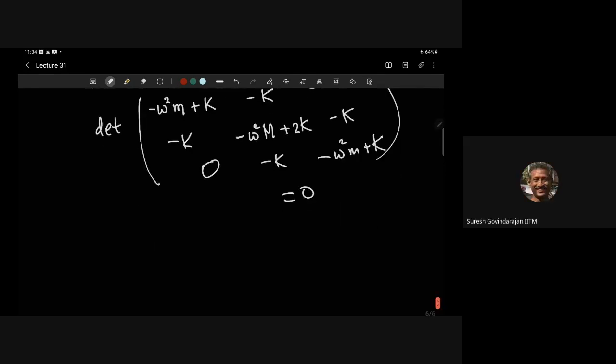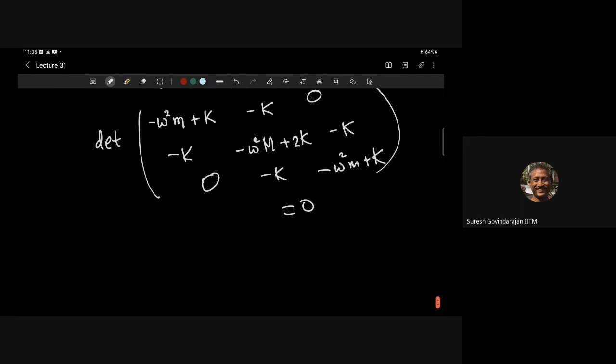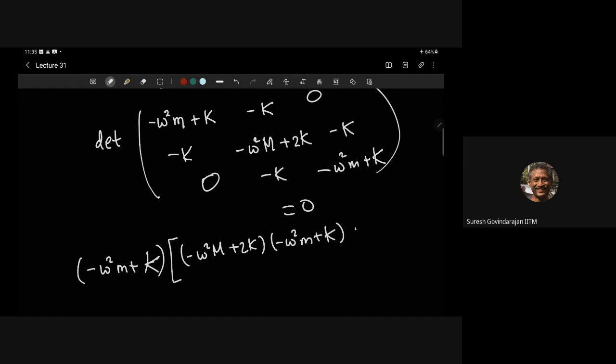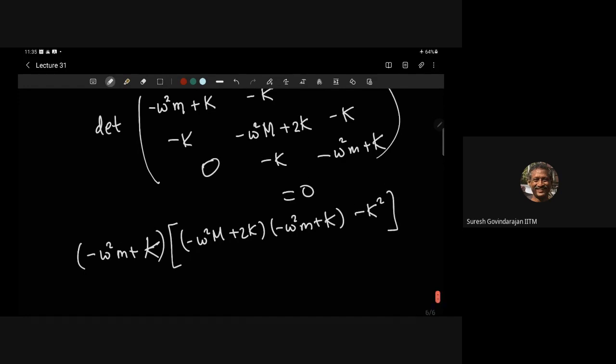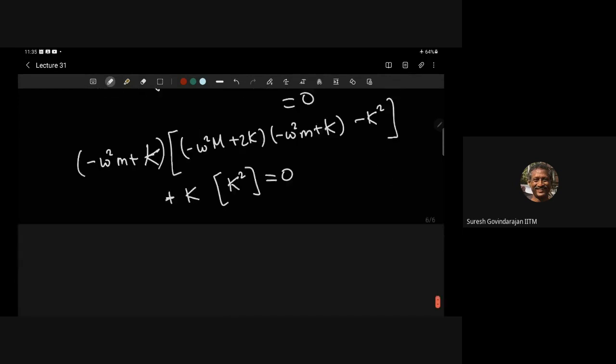So let's expand this determinant. Can you please work out and tell me what? I will also work out, of course. Okay, so this is good.